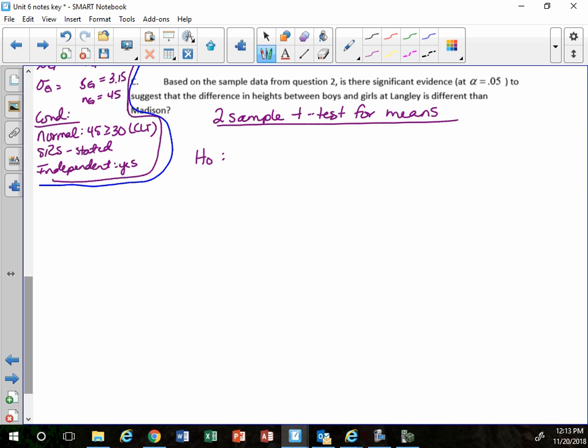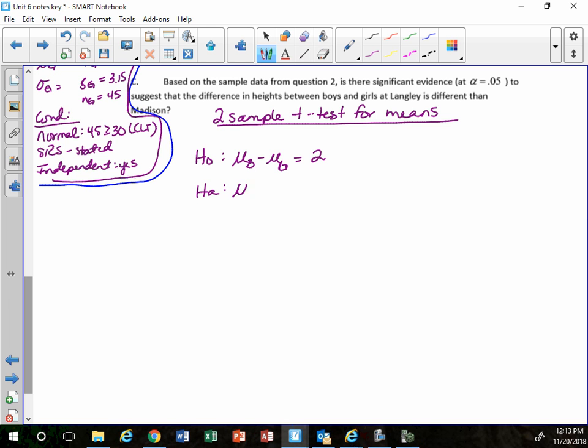What was the difference at Madison? We actually knew that. It's 2, because we had the population of boys, population of girls, average of those distance, and it was 2. So our null is that mu of boys minus mu of girls is equal to 2.